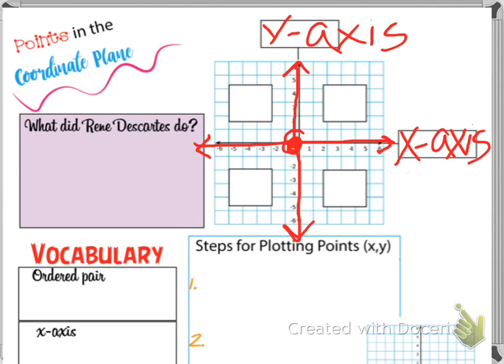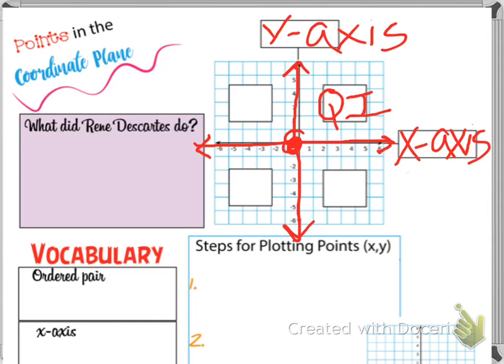You'll also notice that not only do these two axes intersect, but when they do, they actually split up the plane into 4 sections, and these 4 sections are called quadrants. And the first quadrant is right here, and it's Q1, and every point in quadrant 1 is positive for the x coordinate, positive for the y coordinate.